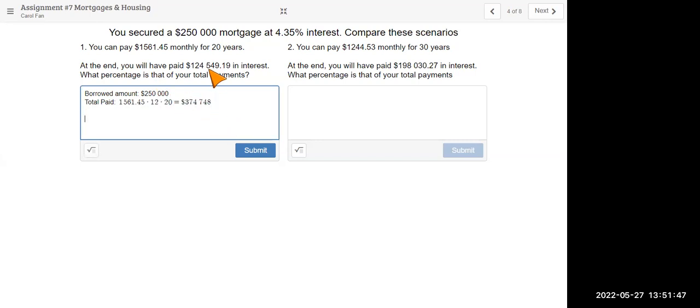So if I get the difference, I have this. So what percentage of it is your interest? We're going to take 124,549.19 divided by the whole amount and multiply it by 100.